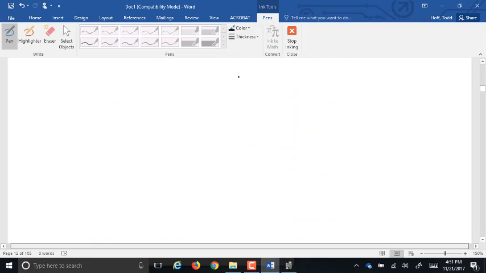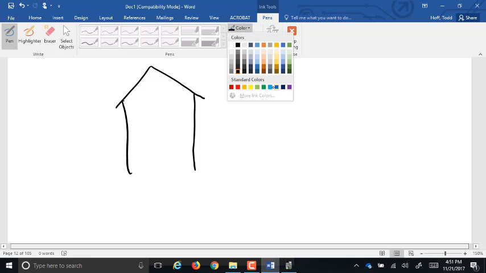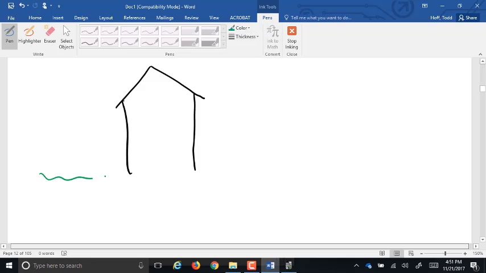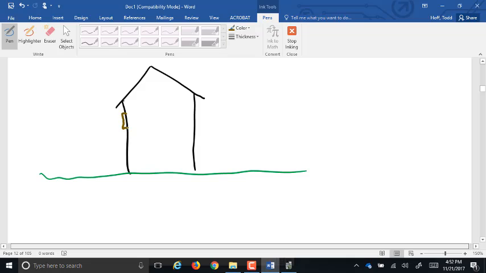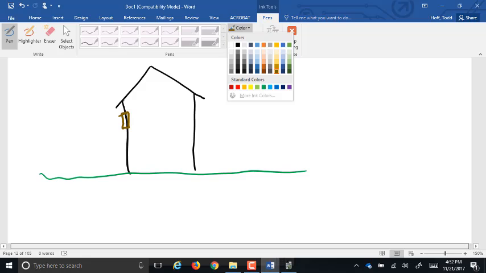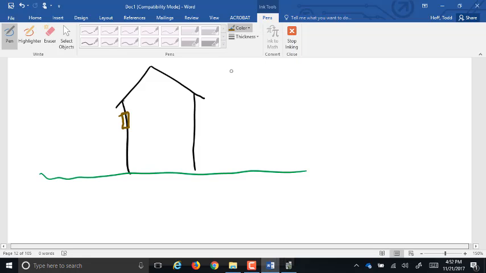Okay. So let's look at some applications of this. Sam needs to repair a window on his house on the second floor. He needs to place his ladder so that it fits underneath the window.